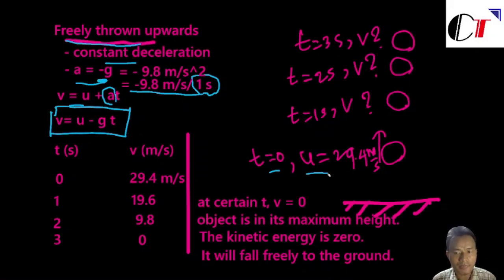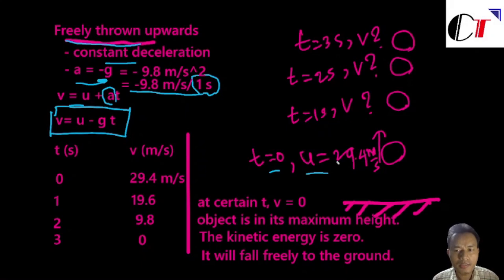This can be done by pushing with your hands, like when you play basketball or tennis or something like that. And of course, launching the rocket, when you add some kinetic energy by giving a very large force. So the object will just move against the pull of gravity with a certain initial velocity. So in this example, the initial velocity is u equal to 29.4 meter per second.